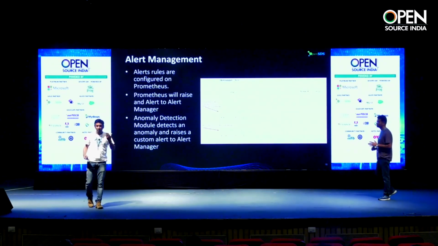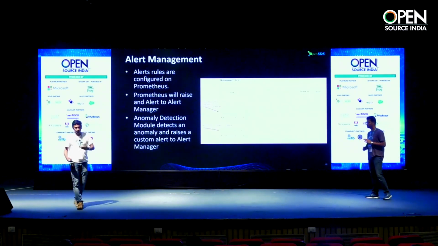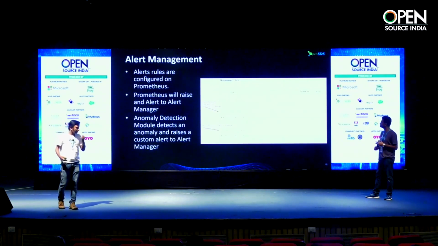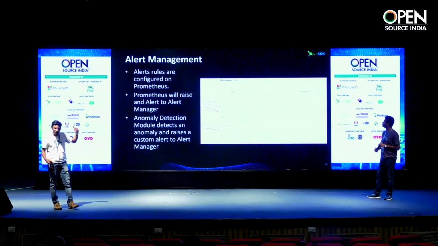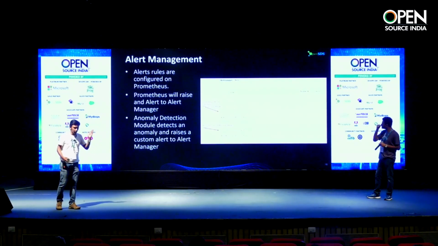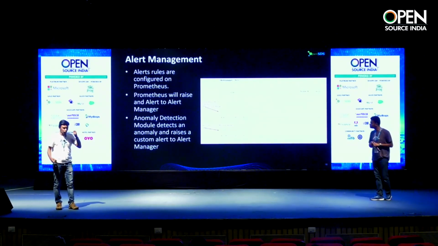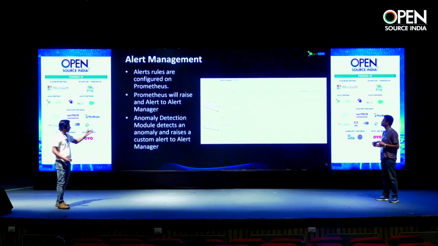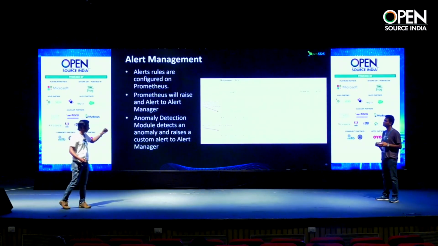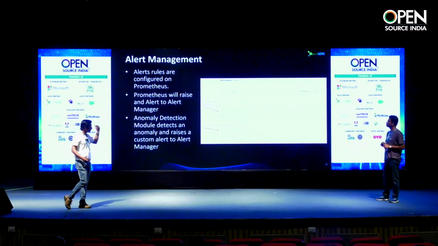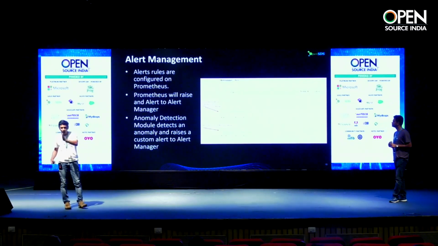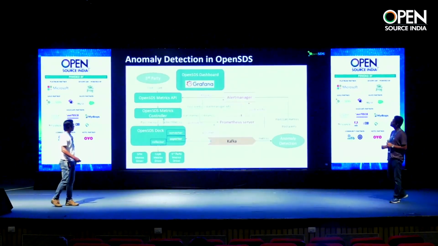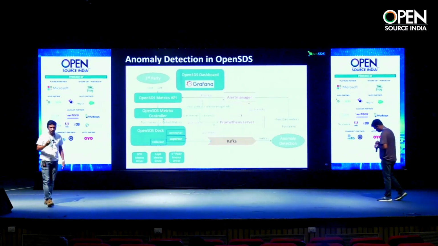When an alert rule satisfies the condition, when the threshold is met, it sends an alert to the alert manager, and the alert can be managed from the alert manager console. OpenSDS allows you to launch the alert manager console from the OpenSDS dashboard. Once the alert is in the alert manager, you can see it and configure it to be sent to recipients.